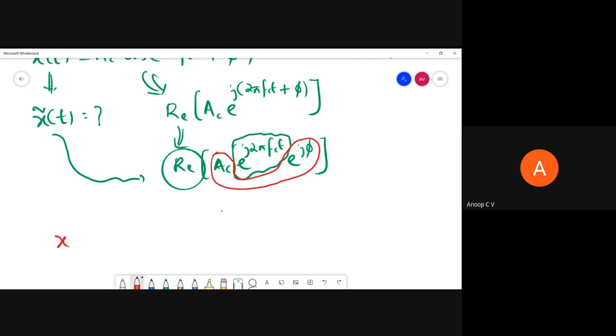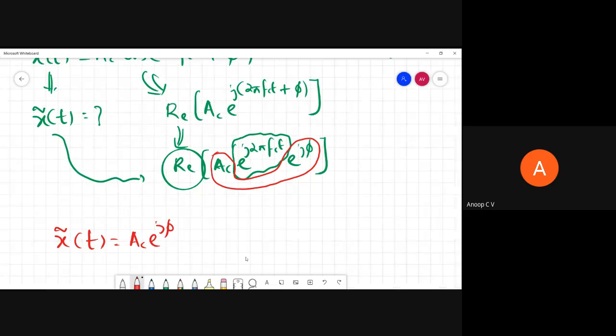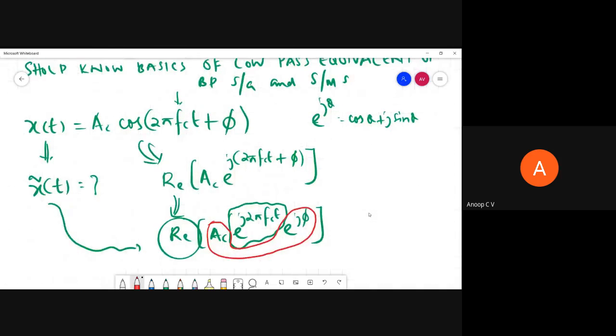So x tilde of t will be A_c e power j phi. What we have done is represent the signal as the real part of A_c times a complex exponential, and then suppress the e power j 2 pi f_c t part and the real part.